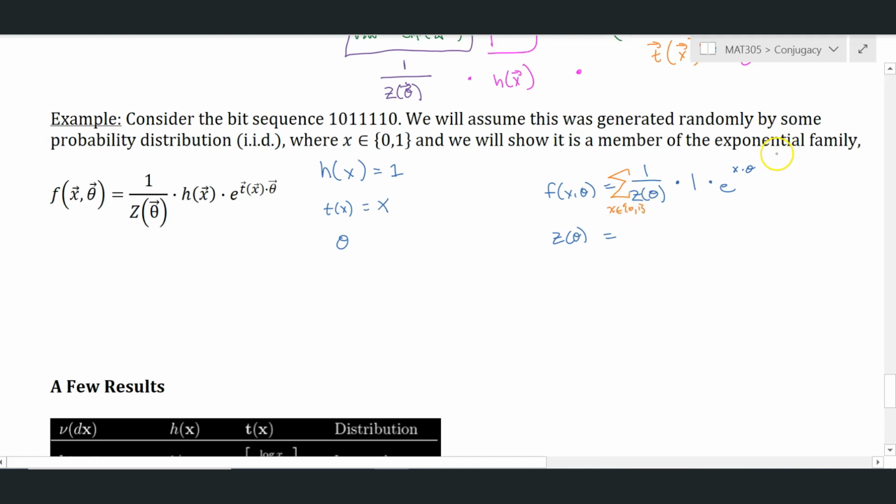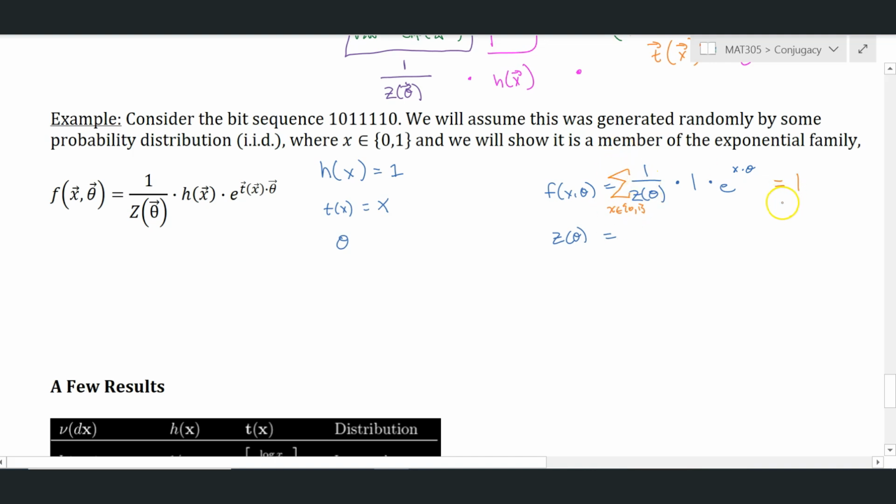The sum of these probabilities, in this case the PDF is a probability mass function, so each value is going to have its own probability, and this is going to equal 1. So that has to equal 1.